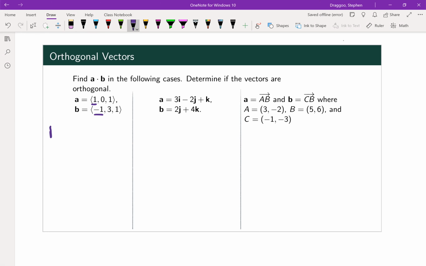So I should have 1 times -1 plus, if I multiply the y components together, I'll have 0 times 3 plus, multiply those z components together, and I'll have 1 times 1.